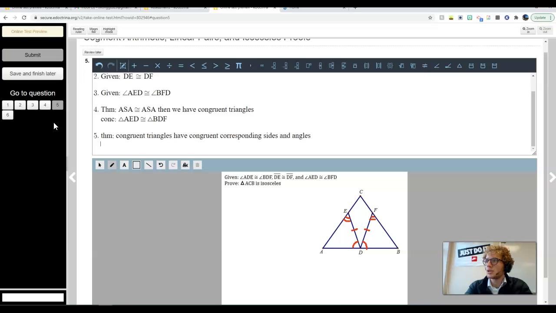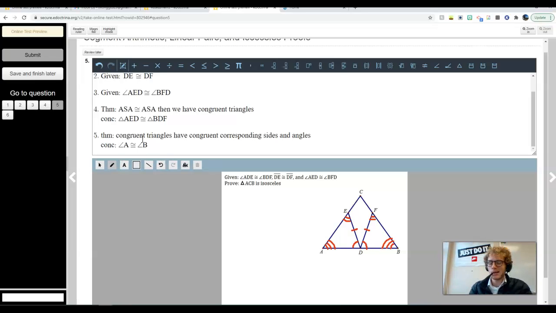So our conclusion is that angle A is congruent to angle B. There we go. Since these triangles are congruent, all their corresponding sides and angles are congruent. So we can say that this angle is now congruent to this angle, and since that's the case, we can now say that this is an isosceles triangle.